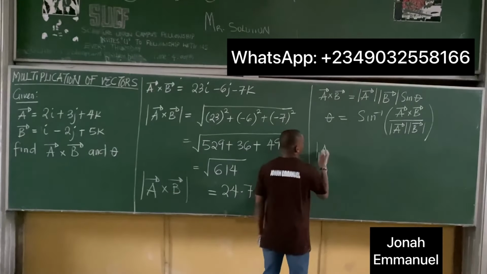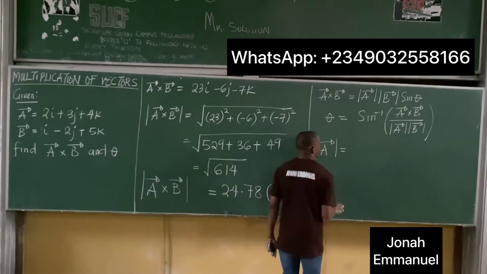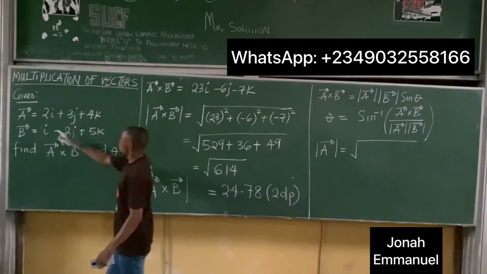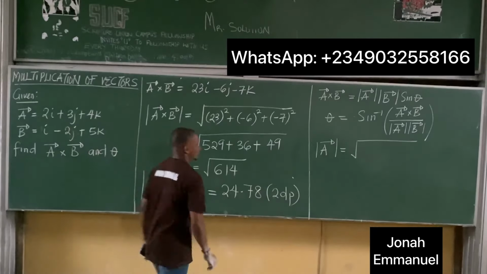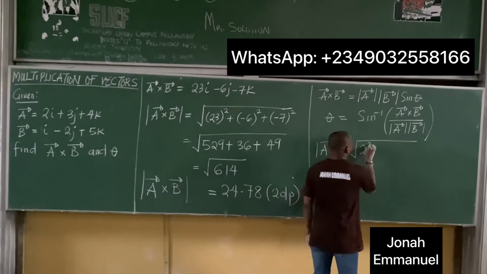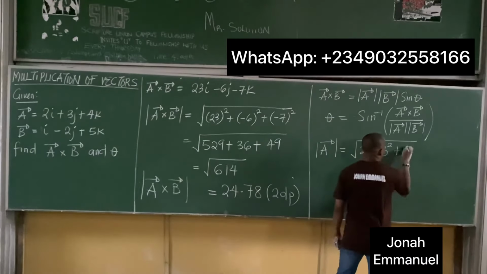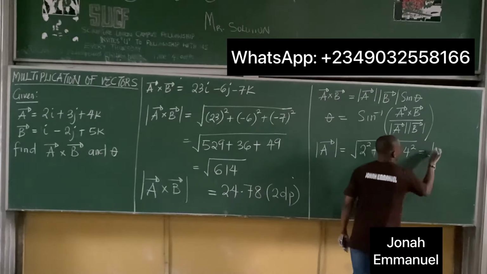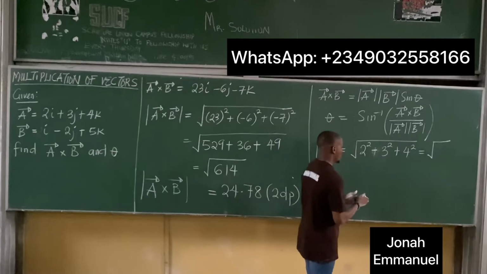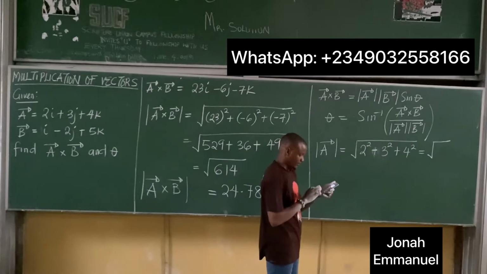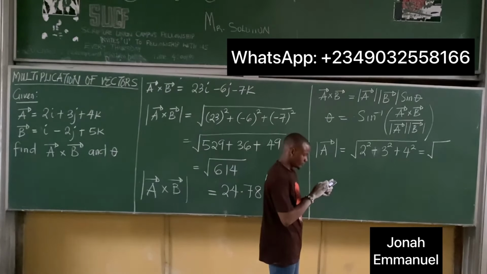Magnitude of A is equal to the square root of, for A I have 2 squared plus 3 squared plus 4 squared.